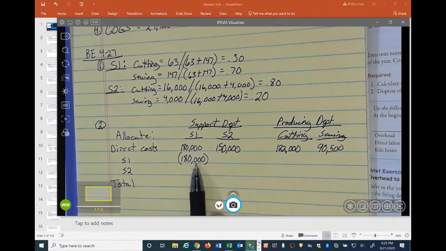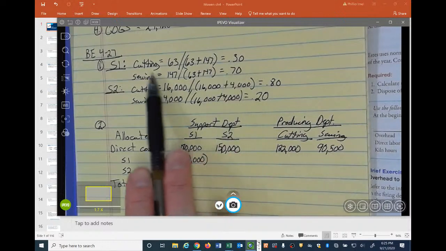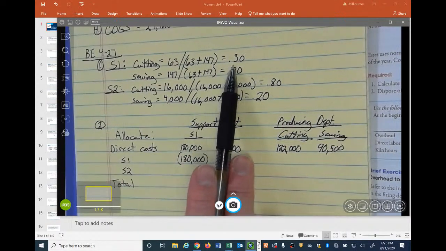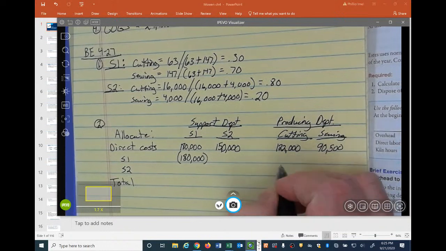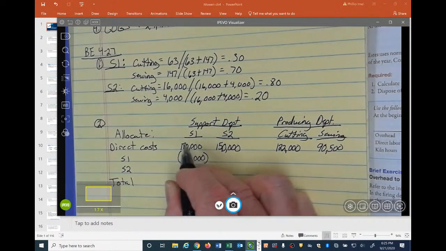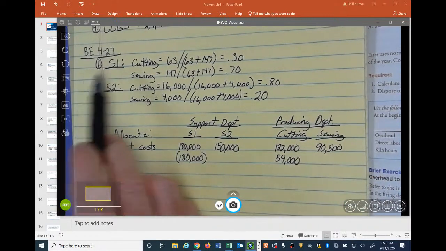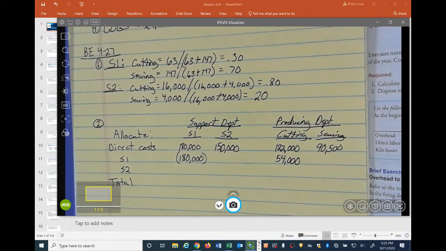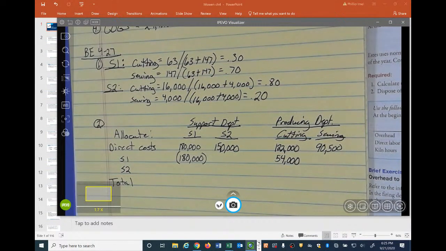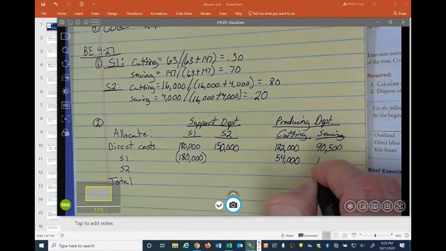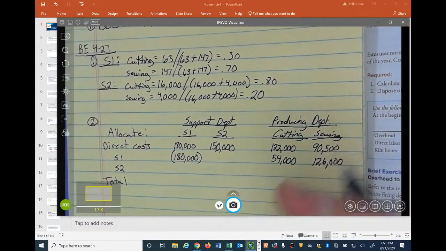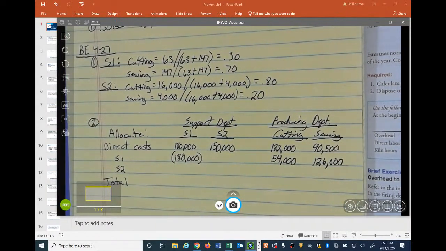So the 180,000 times the 0.3 for cutting is going to give us the 54,000 over here. So we're going to move 180,000 of this money, and 54,000 of it is going to go to cutting based upon the percentage that we found up top, right, for the allocation ratio. So obviously next, of the 180,000, 70% of it is going to the sewing, right? So 70% of that is going to be 126,000, right? Good job.